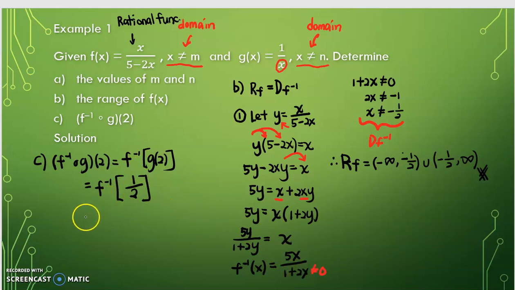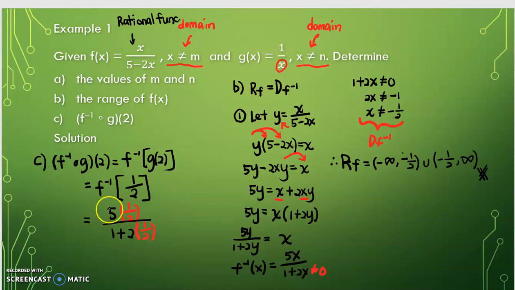So 5x now becomes 5 times 1 over 2, over 1 plus 2x, where x is 1 over 2.